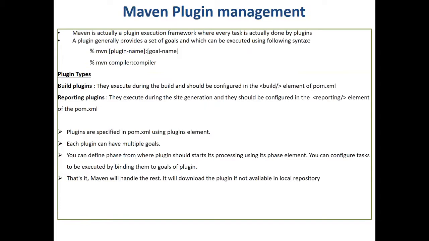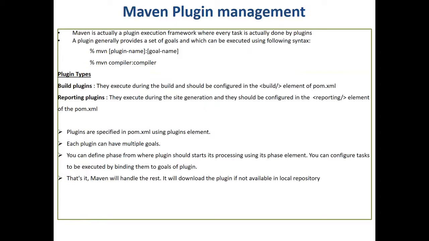So like that, Maven is all about plugin management. At any point of time, if you're going to tell Maven to do a workflow differently, then you have to instruct it by specifying a plugin of our interest, which will be doing an exact task other than the default one.